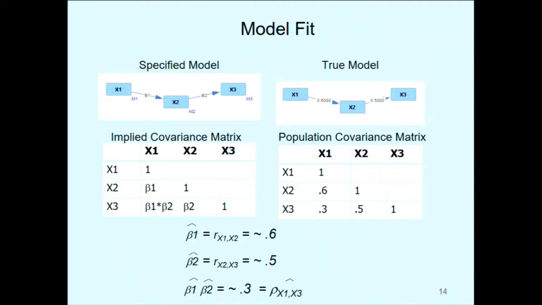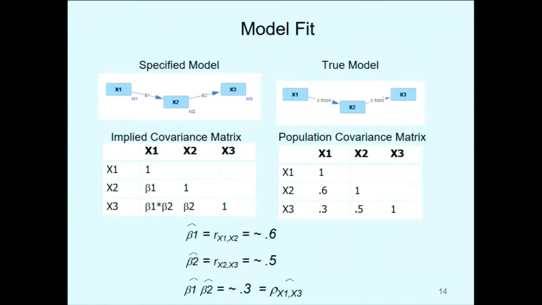Suppose the specified model is just this simple x1 causes x2 causes x3, and the true model is exactly that same causal structure. And the true coefficients are 0.6 and 0.5. Because this is the true model, I can derive the true correlation matrix that this model entails in the population.